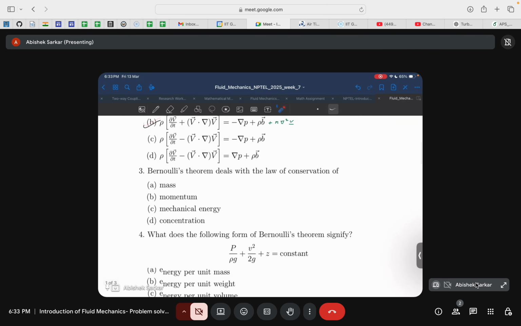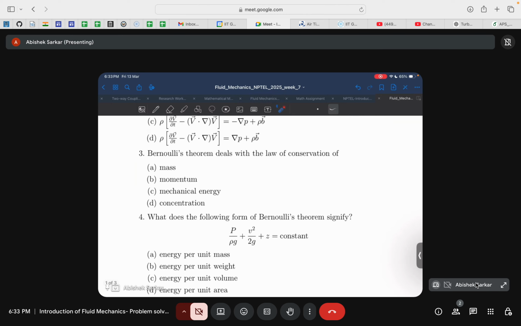Question number 3. Bernoulli's theorem deals with the law of conservation of which of the following cases? A is mass, momentum, mechanical energy, and concentration. So first of all, let us just do some process of elimination. It cannot be about concentration because we are not discussing mass transfer.